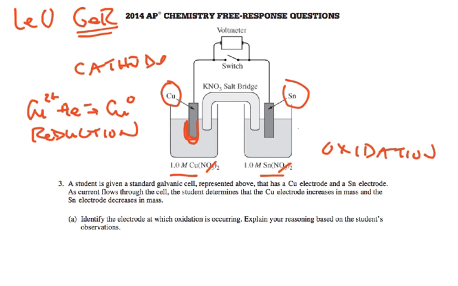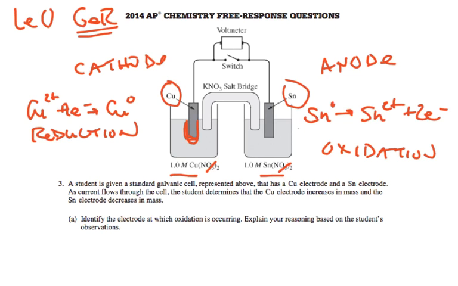And that means on this side the tin metal must be losing electrons. So it's turning into tin ions and giving up a couple of electrons. So we're going to call this side the anode.